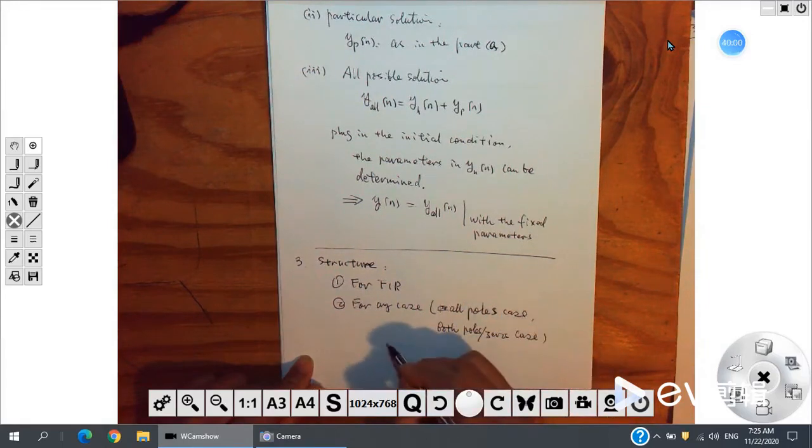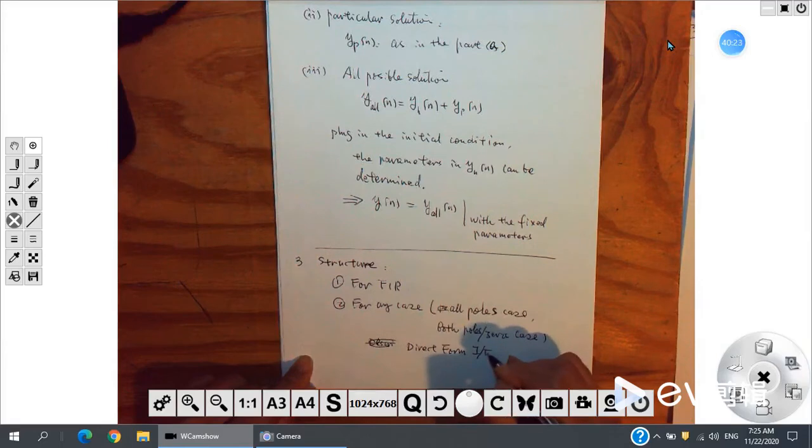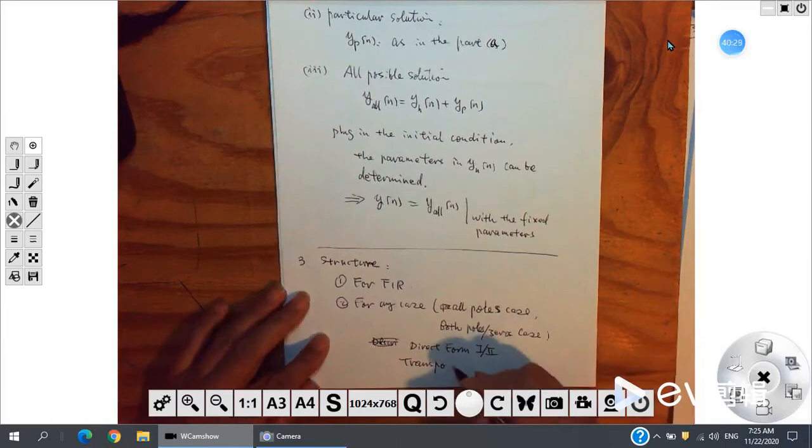And we have two forms. Direct form 1 and 2, and the transpose. Direct form 1 and 2. Right? We have these 4 cases.